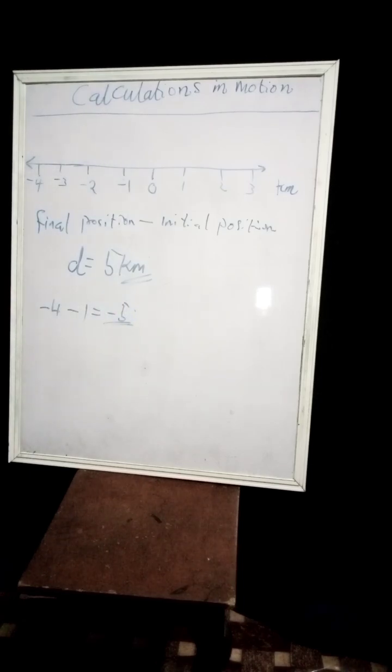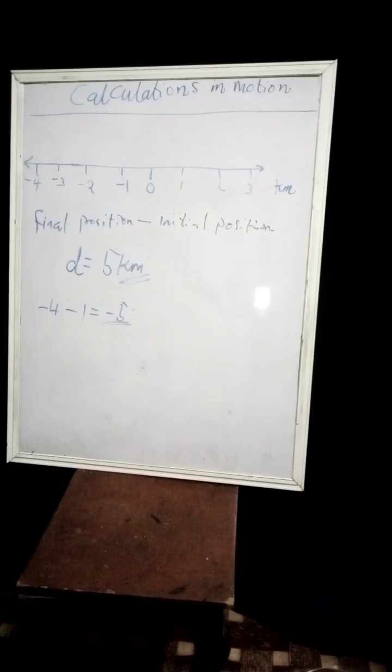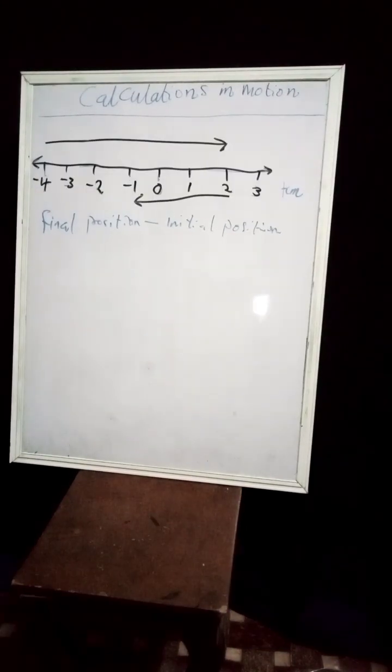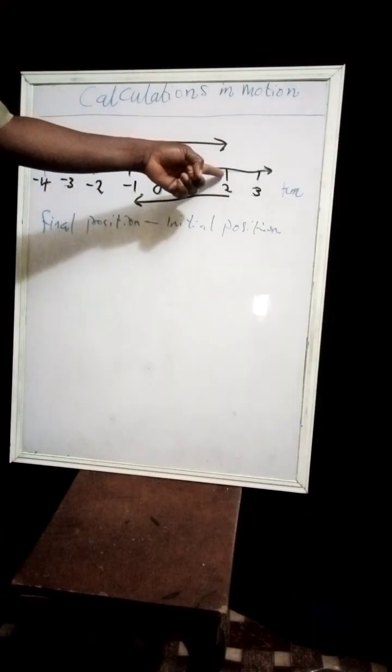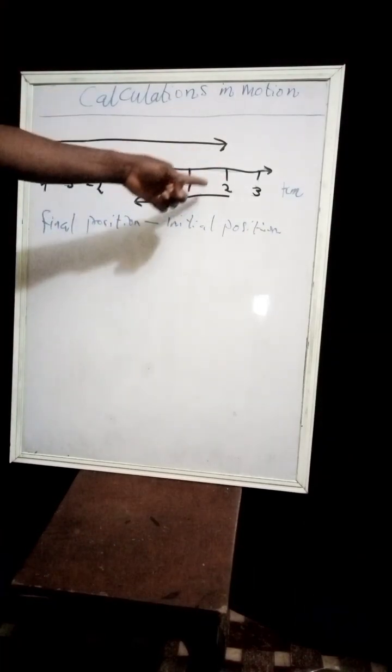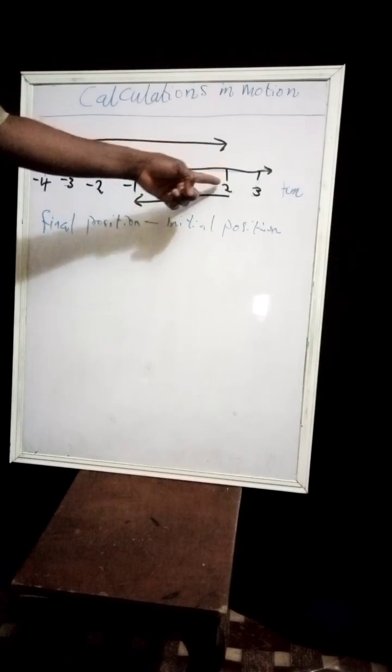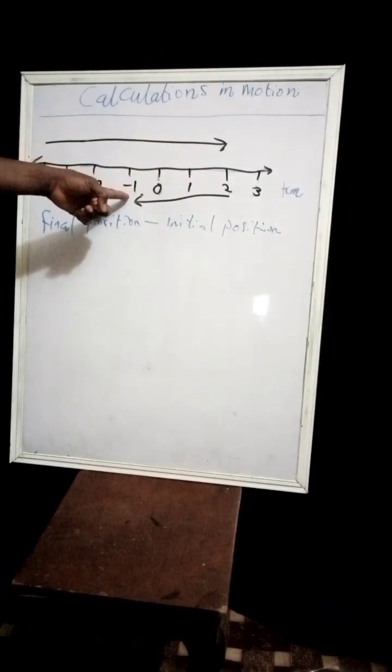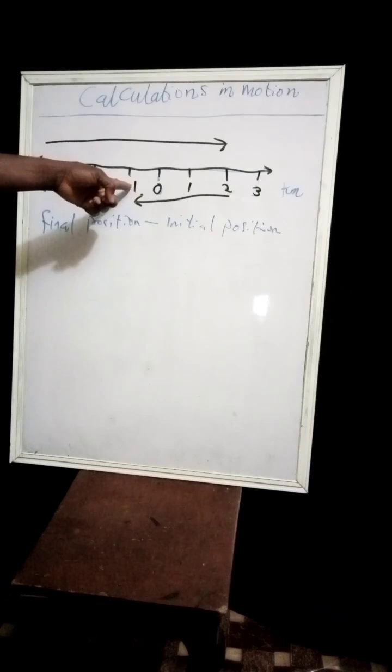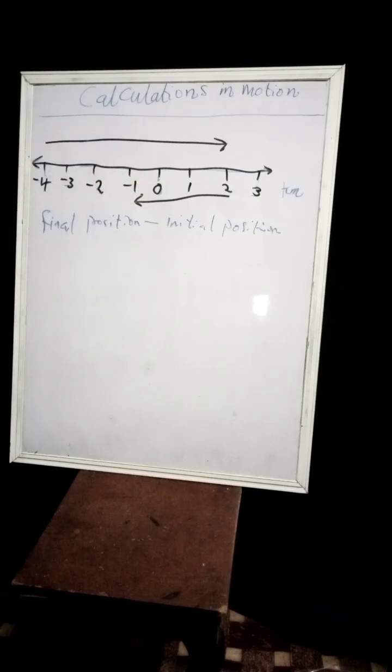Okay, let's look at another question. Now let's consider a situation where a car traveled from the negative point 4 to the positive point 2, and then traveled from the point 2 to the point -1. What is the displacement? Calculate the displacement of the car.